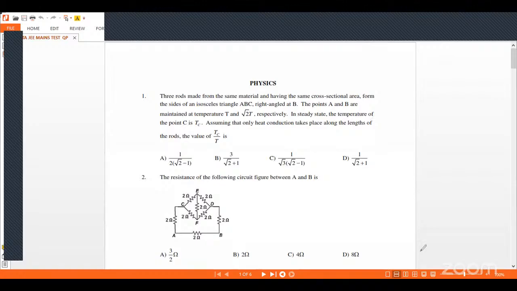In steady state, the temperature of point C is Tc, assuming that heat conduction takes place along the length of the rods.